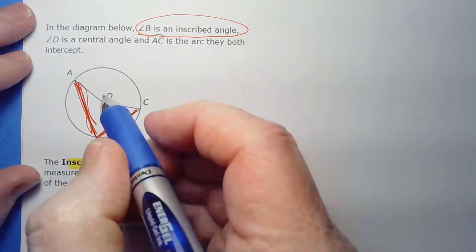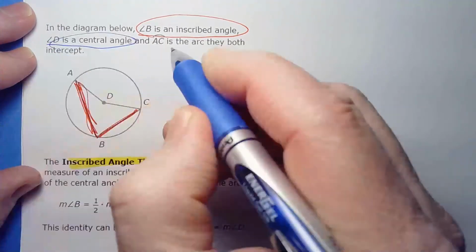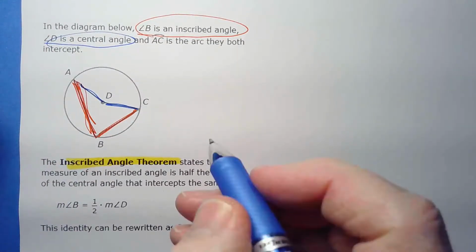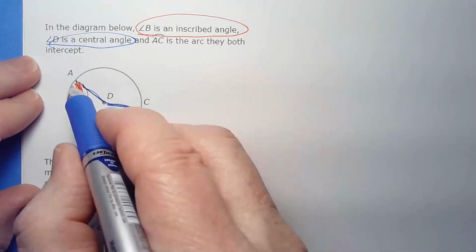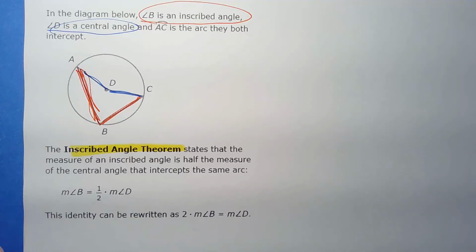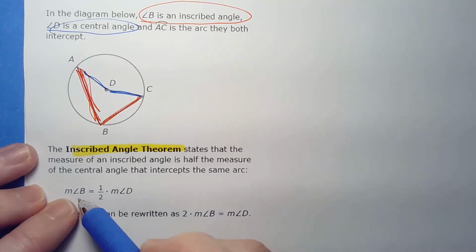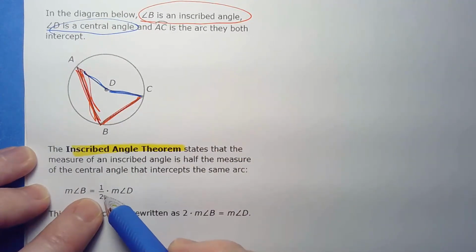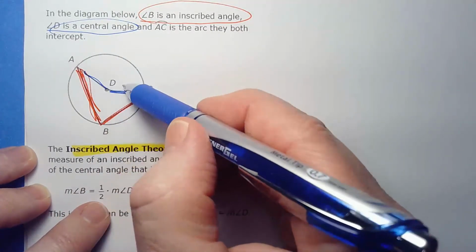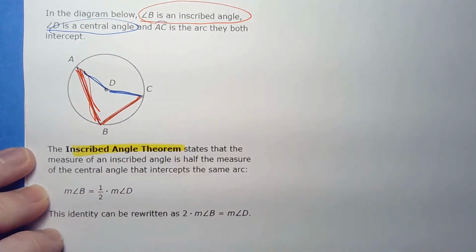Angle D is my central angle, okay? And then the arc that they both intercept is this up here, so the arc up here is the one we care about. And so the formula just looks like this. The measure of angle B is equal to 1/2 the measure of angle D, right?